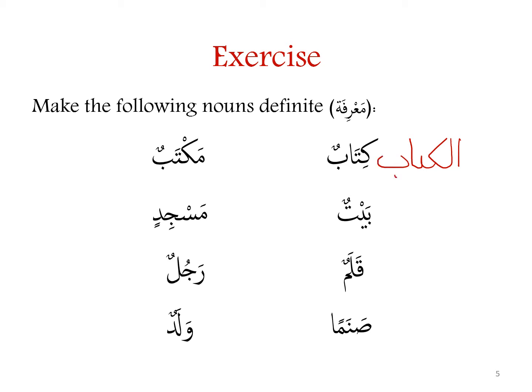Now it's no longer bun, we need to drop the tanween. So it becomes al-kitabu, going from a book to meaning the book. What did we do? We added the alif lam and we dropped the tanween. This is now ma'rifah.